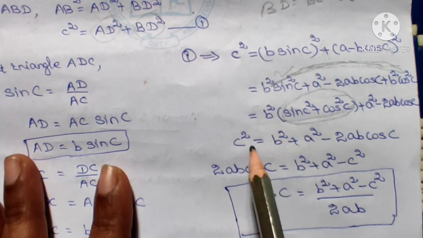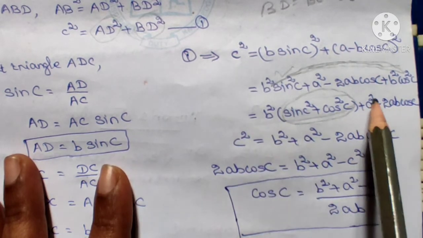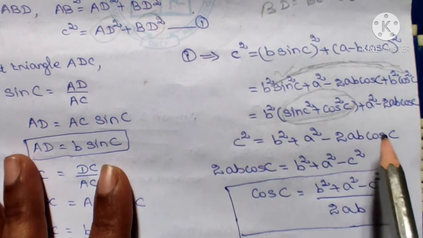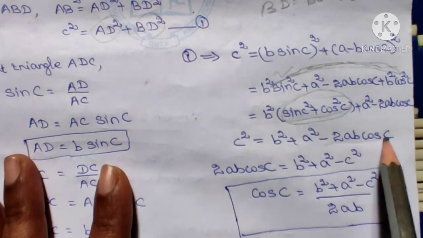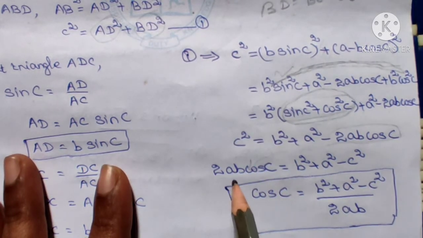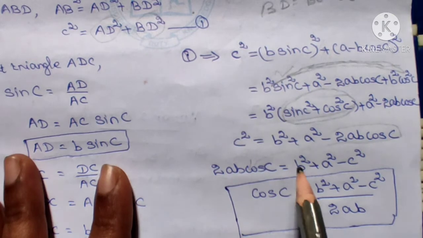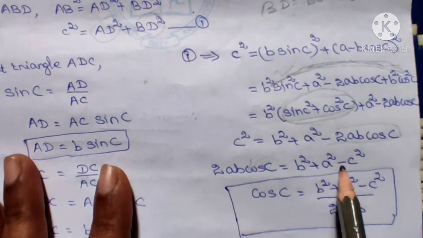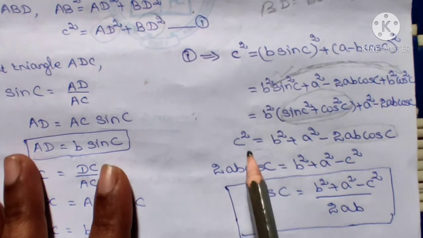So c square is equal to b square plus a square minus 2ab cos c. So minus 2ab cos c, you take left side. So 2ab cos c is equal to b square plus a square, and the c square also you take right side, minus c square. Then what's the value of cos c?